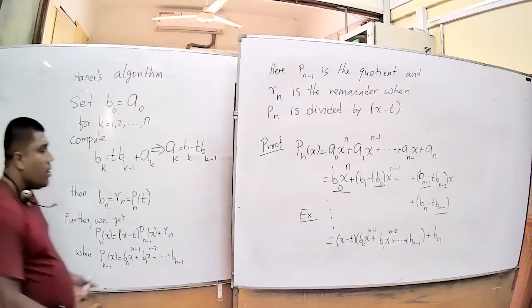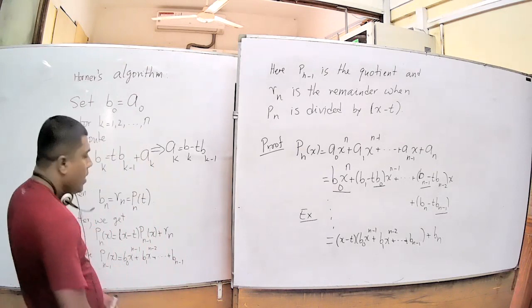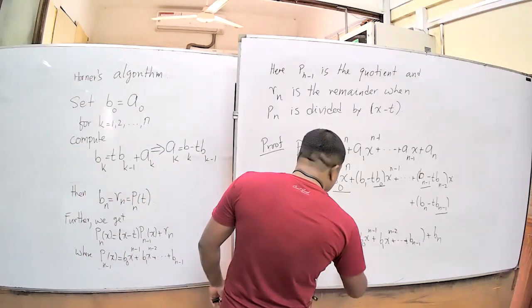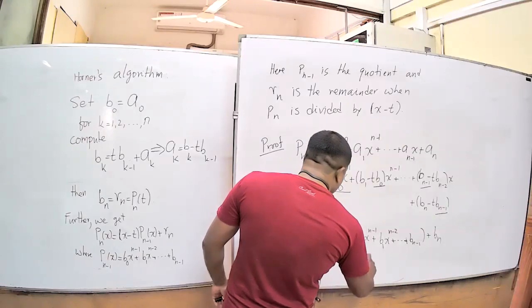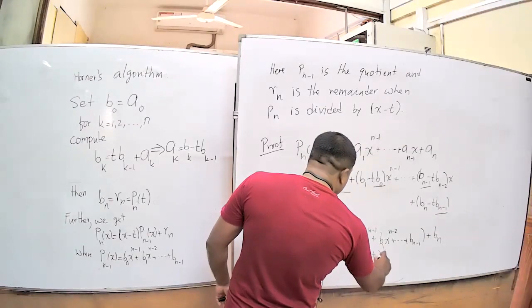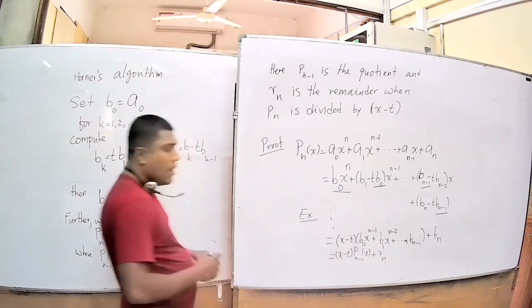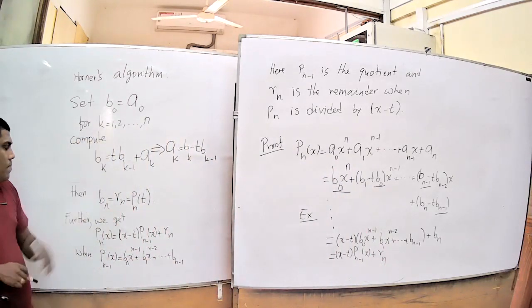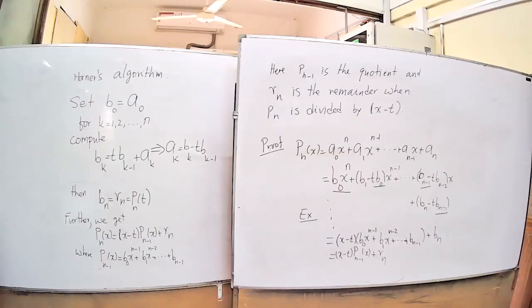So that is x minus t times pn minus 1 of x plus, because bn is Rn, so you know that bn is Rn, you get this.